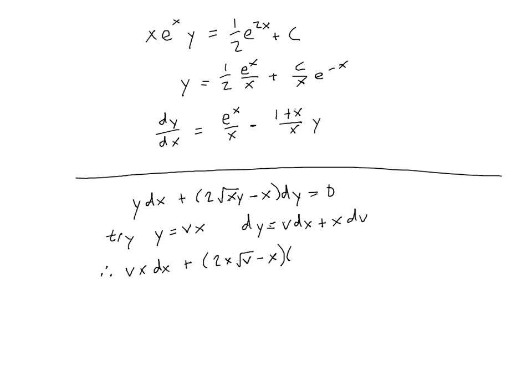And then for the dy, now you have v dx plus x dv. All this is equal to 0.